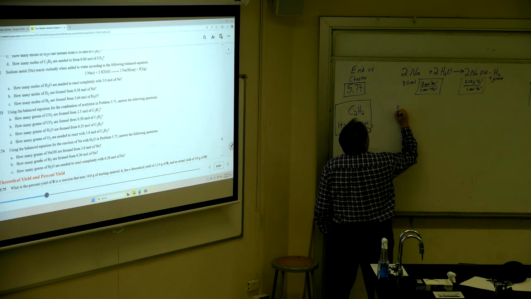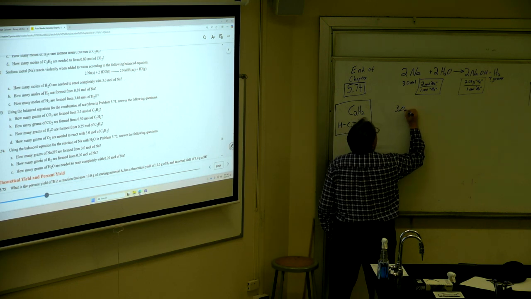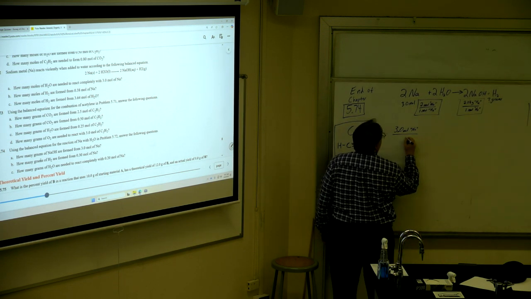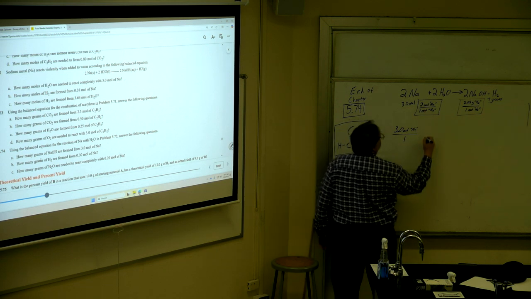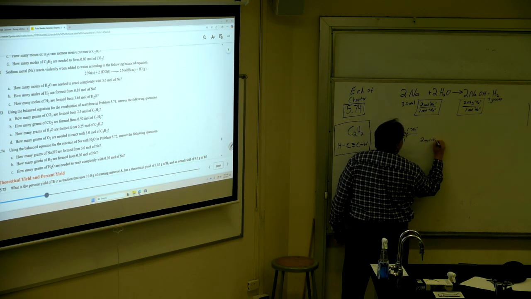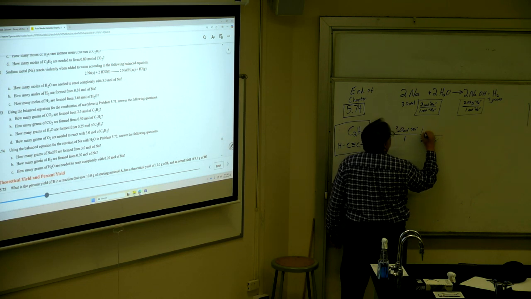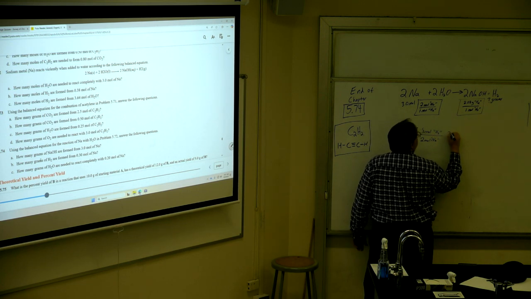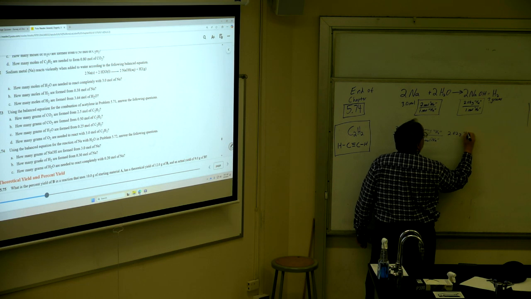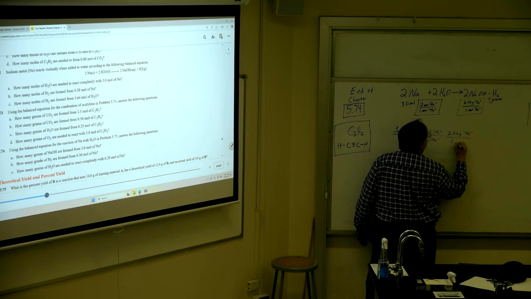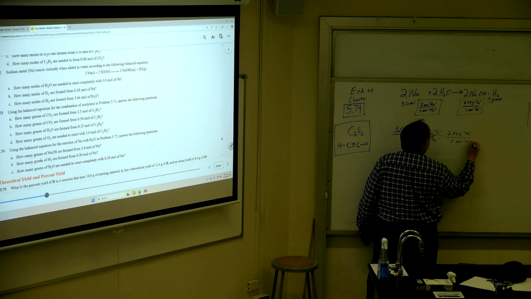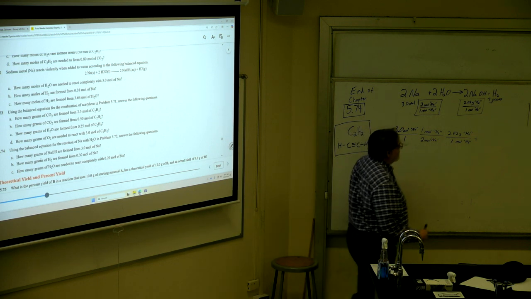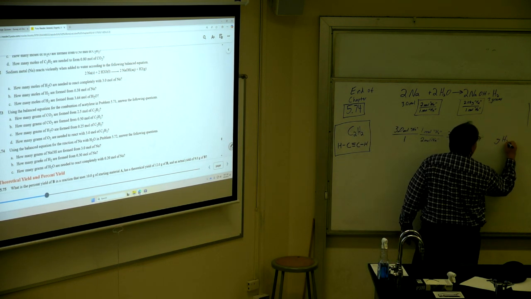So 3.0 moles of Na on the bottom, 2 moles Na to 1 mole H2. Moles of H2 needs to be on the bottom, so 2.02 grams of H2. That's 1 mole of H2. So the units cancel down to grams of H2, that's what we want. Grams of H2.